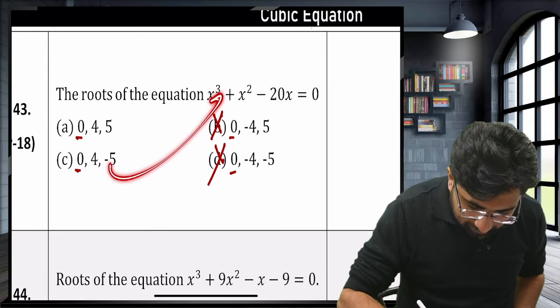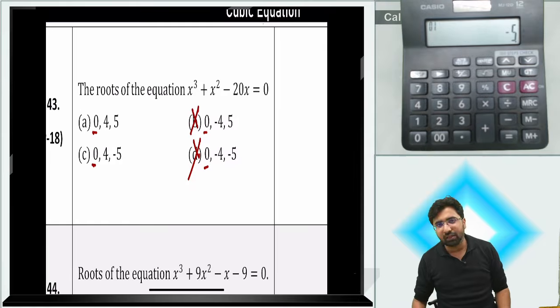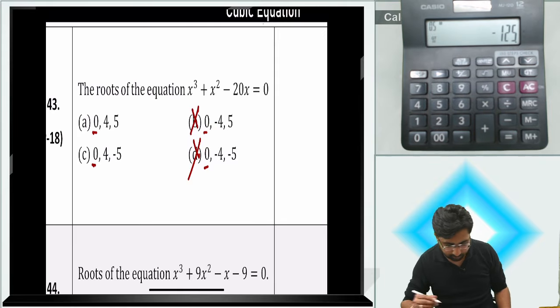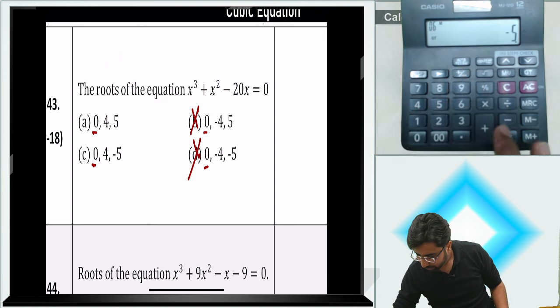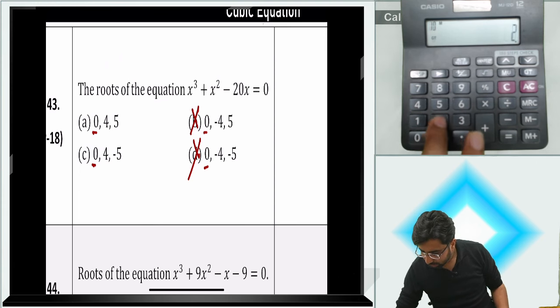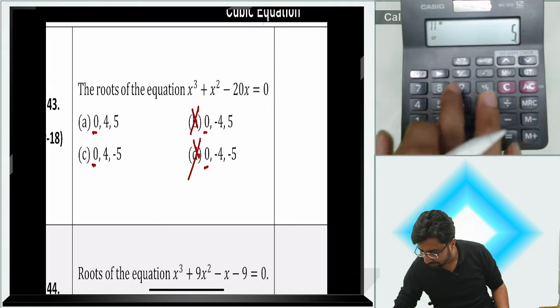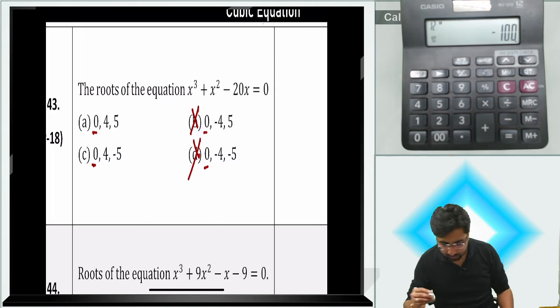Let's check for minus 5 everybody. Minus 5 cube into 1, 1, 2, 3, M plus. Minus 5 square into 1, 1, 2, 25. Since you have plus, M plus. 20 multiplied with minus 5 is equal to minus 100.